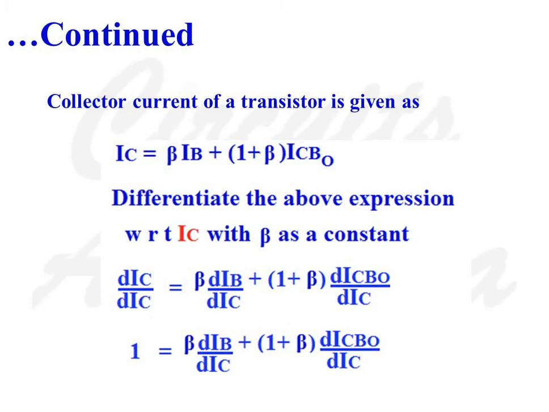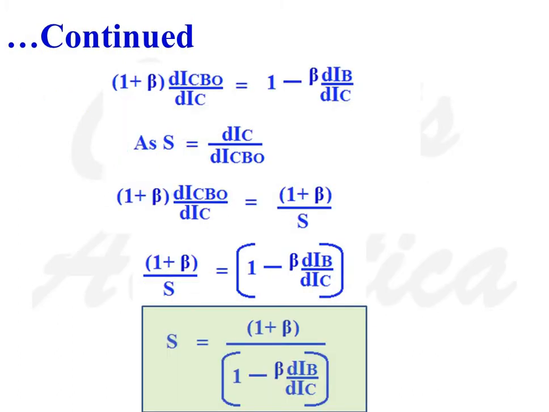So we will get 1 is equal to beta dIB by dIC plus 1 plus beta into dICBO by dIC. So rearranging the terms, we will get stability factor S is equal to 1 plus beta, the whole divided by 1 minus beta into dIB by dIC.